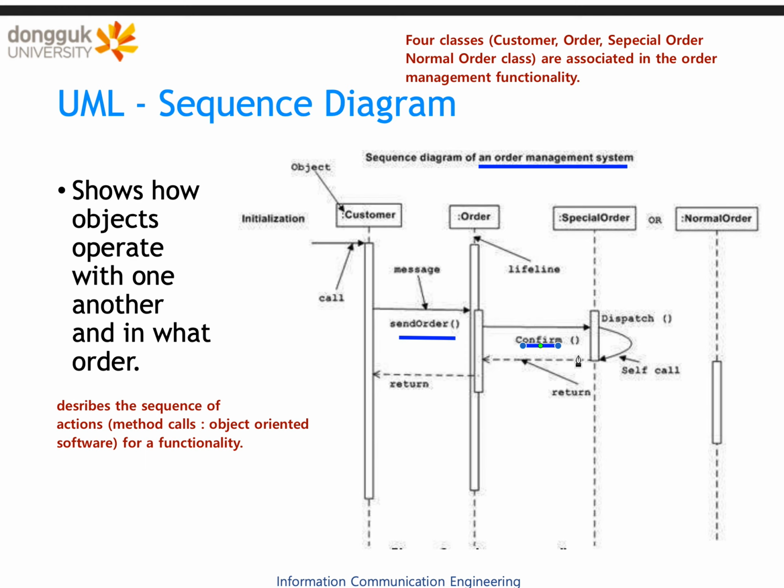Sometimes the special order class calls its own method like dispatch, and because it is a method call, it must have a return here. So this sequence diagram shows a sequence of method calls in one functionality.